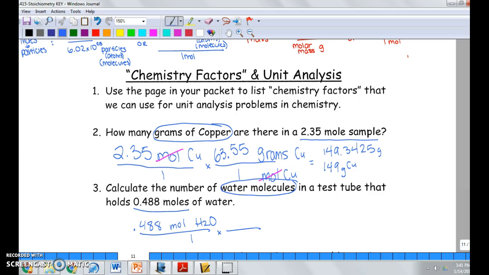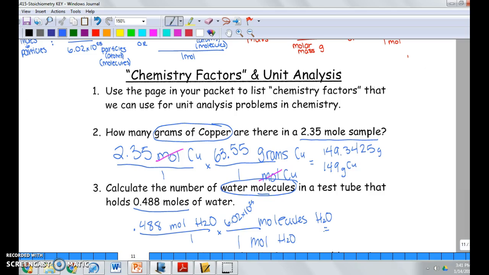So I know moles has to go on the bottom, and particles has to go on the top. In this case, we're using molecules. Moles of H2O, and I know that in every 1 mole, there are 6.02 times 10 to the 23rd molecules of water.